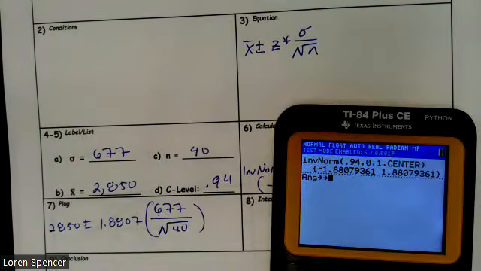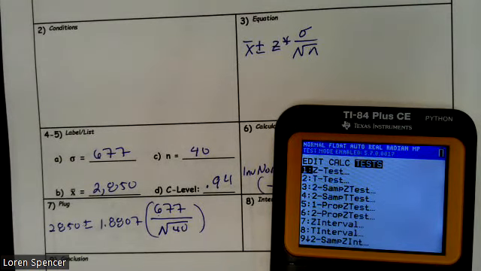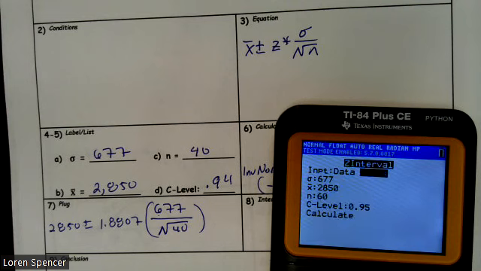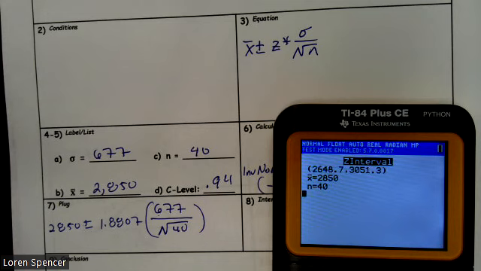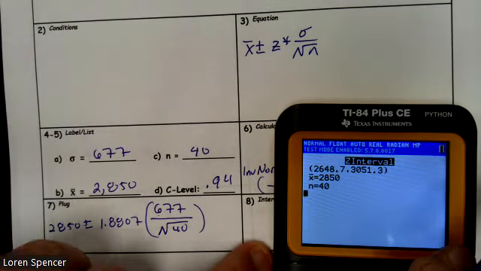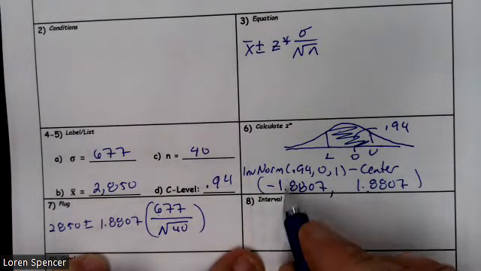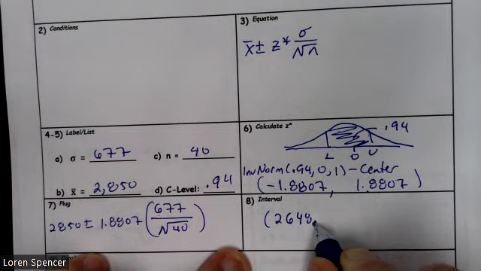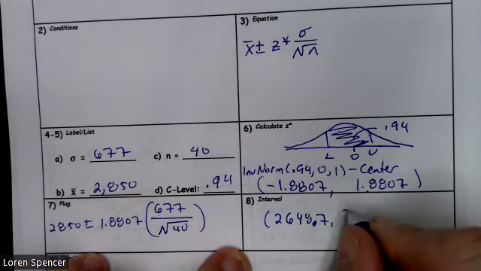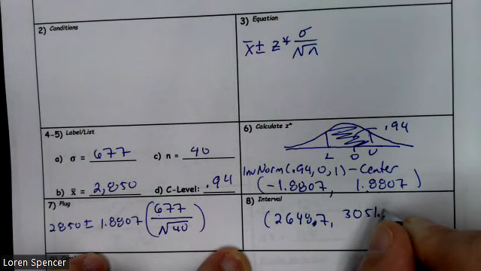When we calculate our interval, stat test number 7, and our standard deviation 677, our sample mean of 2850, our sample size was 40, and we need a confidence of 0.94. And we end up getting 2648.7 to 3051.3.